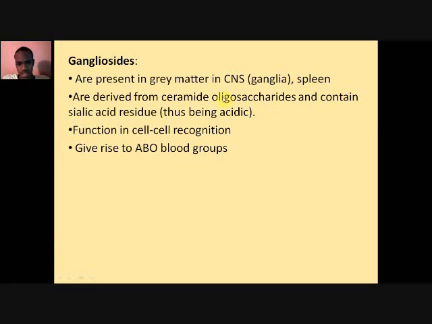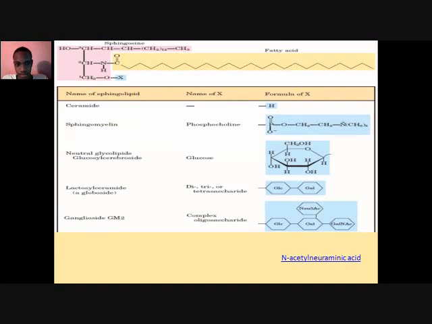Those are carbohydrates with a slightly longer chain, and they contain a sialic acid residue, and this sialic acid residue will make them slightly acidic. Gangliosides, very important, function in cell recognition, and they give rise to ABO blood groups. So next time you hear about ABO blood groups, remember gangliosides.